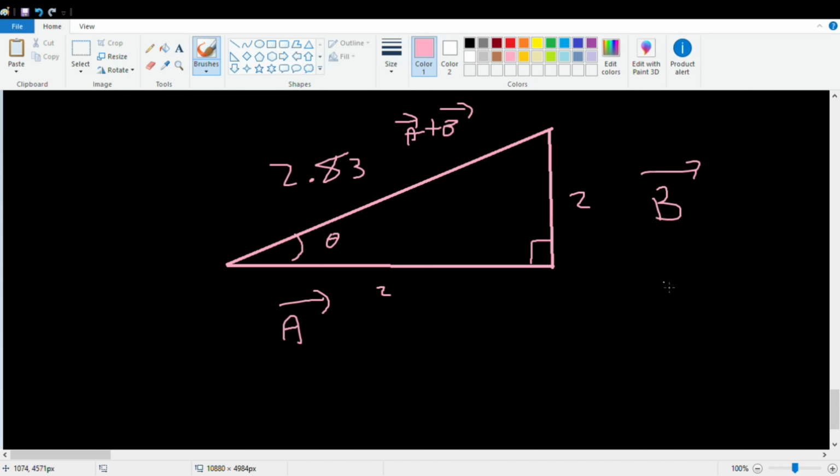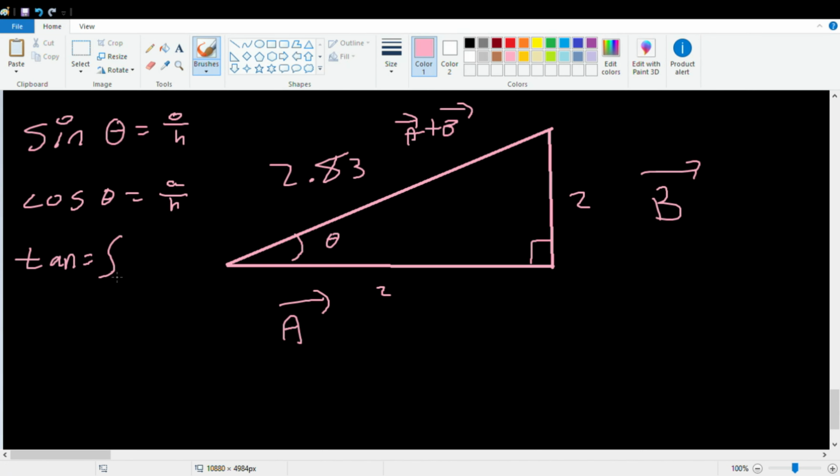Now that we have all three of our side lengths, we use the three golden ratios of math. They are sine theta equals opposite over hypotenuse, cosine theta equals adjacent over hypotenuse, and tangent is equal to the integral of the derivative of the integral of the inverse of the derivative of your function of x and y with respect to the z-axis.